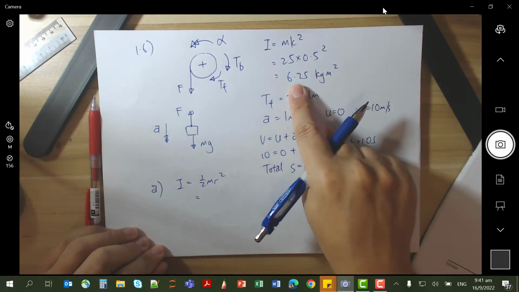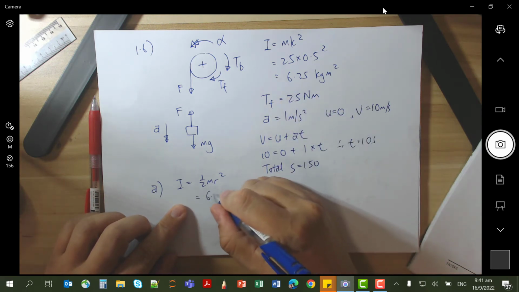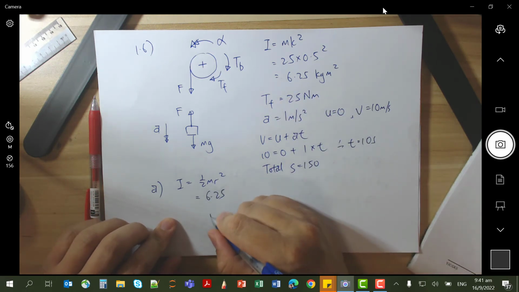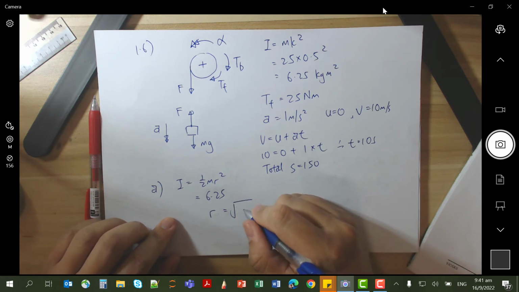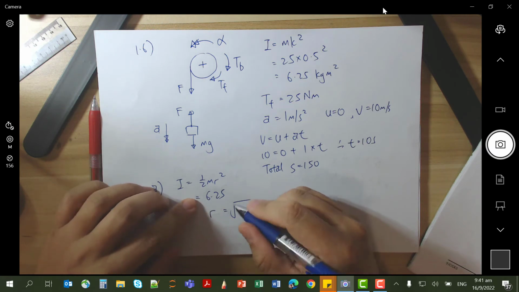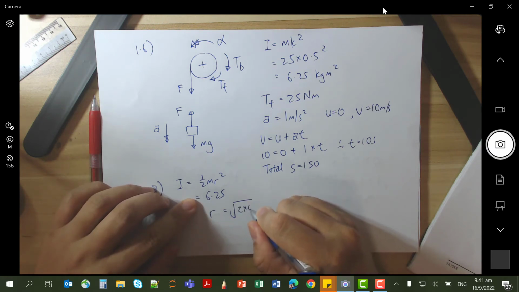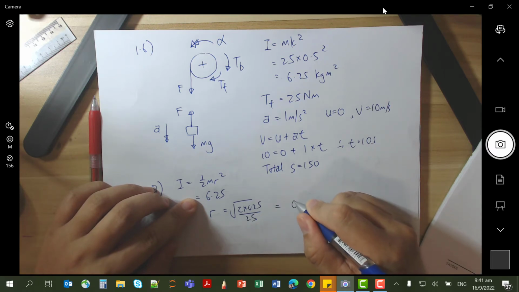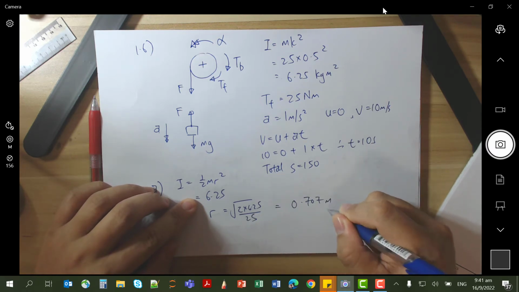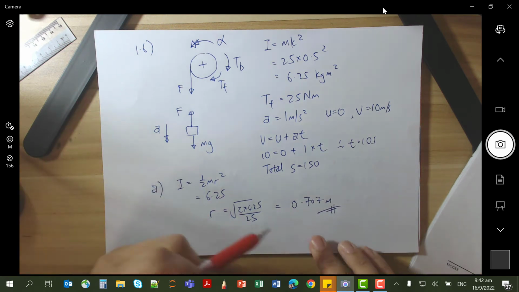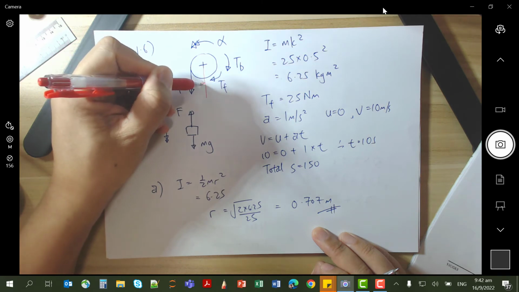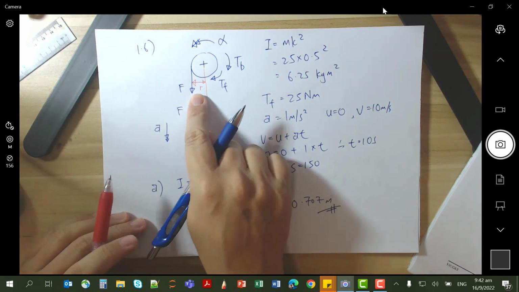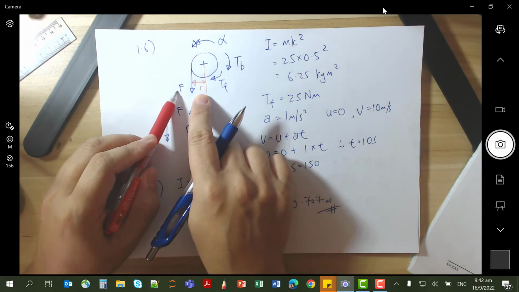This is actually our 6.25, they are the same. With that you can find your r to be the square root of 2 times 6.25 over mass, so you will get 0.707. Why is this important? Because this is basically your radius over here, which later you will use to find the moment caused by the tension.